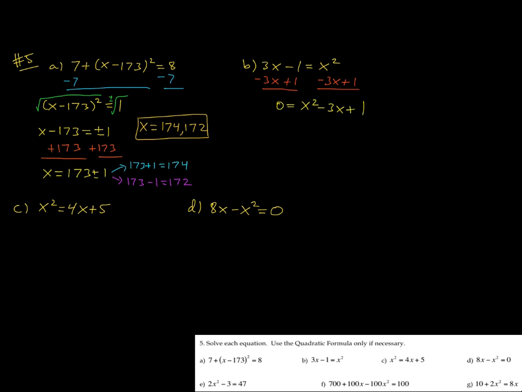And this trinomial unfortunately doesn't factor, because I need two numbers that'll multiply to give me the 1, and then add to negative 3, and that's not going to happen. That's all right. Just use the quadratic formula. Okay, so a is 1, b is -3, and our c is 1.